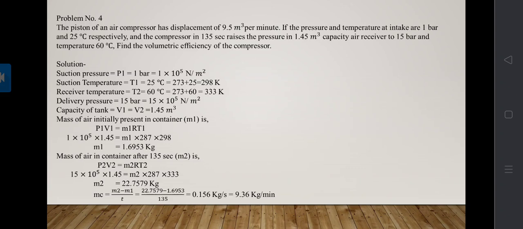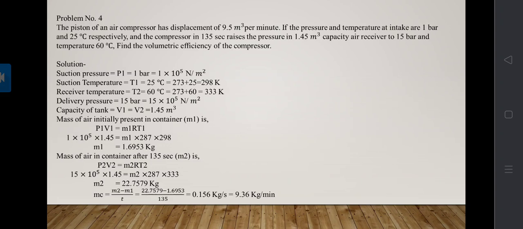Again these degrees centigrade are converted in Kelvin by adding 273 to both temperatures T1 and T2. So T1 is equal to 273 plus 25 is equal to 298 Kelvin, and T2 is equal to 273 plus 60 is 333 Kelvin. So delivery pressure is given 15 bar, so 15 into 10 raised to 5 Newton per meter square, and the capacity of the tank, that is V1 is equal to V2 is equal to 1.45 meter cube, is given in the problem.